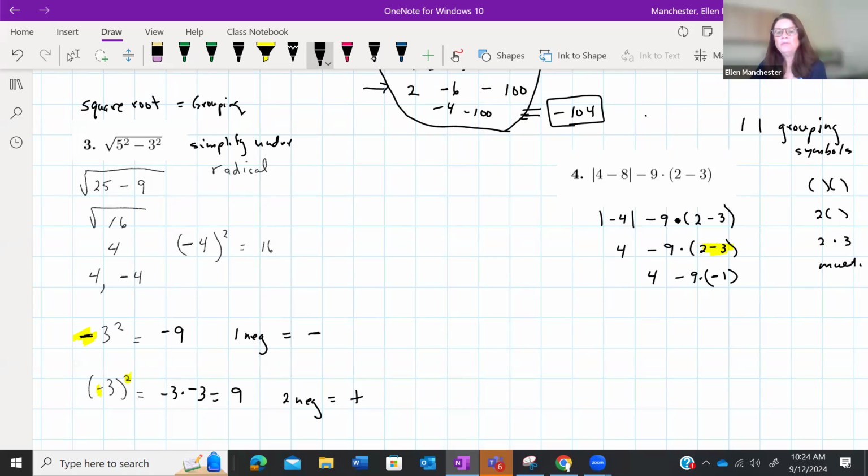Okay, and again, all I'm doing is once I get an answer, I just rewrite the rest of the problem. So be real careful that you don't miss something. All right, now this is multiplication. So -9 times -1. Positive 9, good. And then we have addition. So there's your answer.